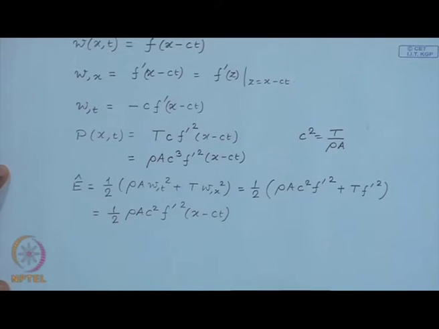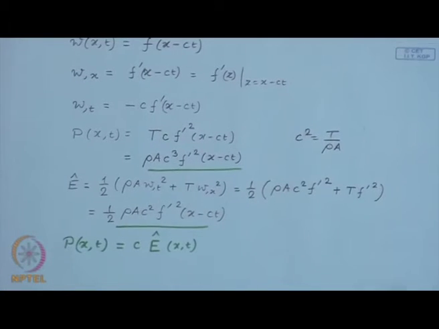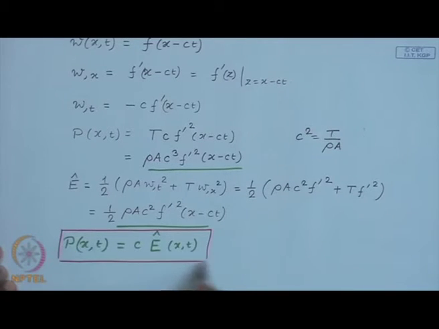Now if you compare this and this, you can write that the instantaneous power flowing past a location x at time t is c times the energy density at that location. So, this is an important conclusion that we draw.